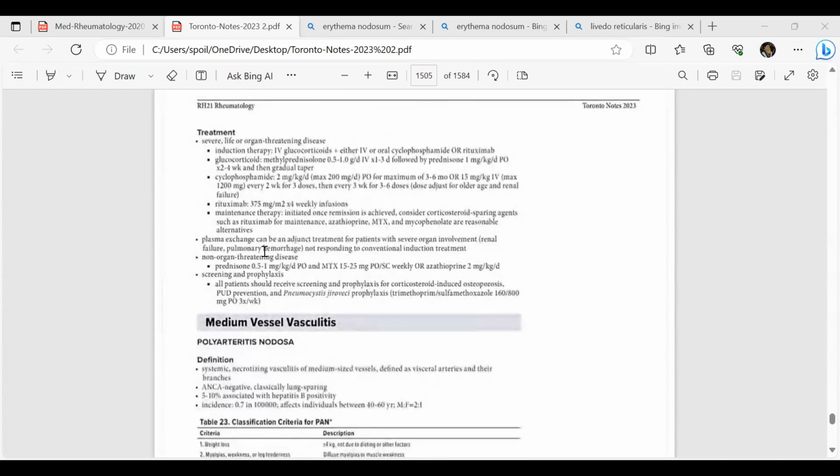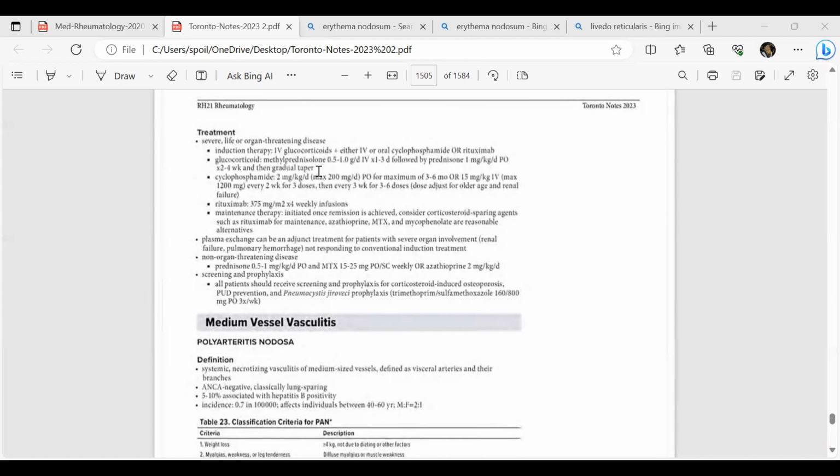Treatment: severe life or organ-threatening disease, induction therapy, that is IV glucocorticoids, either IV or oral cyclophosphamide or rituximab.